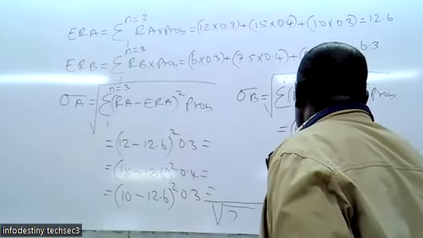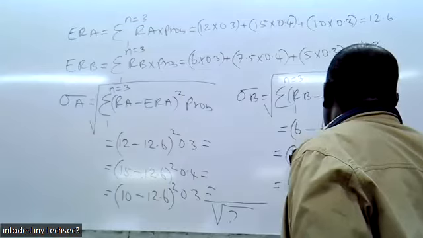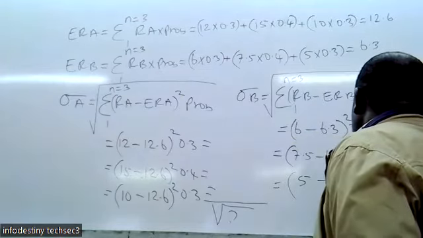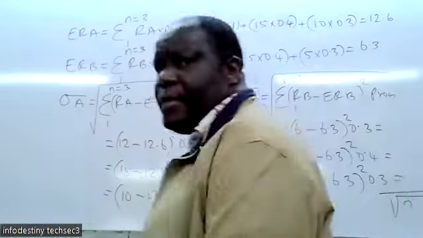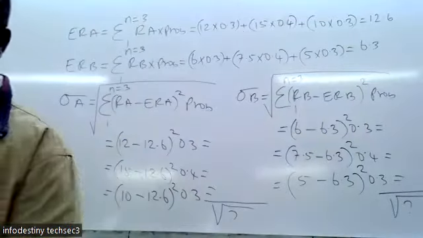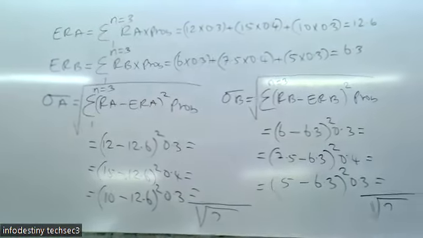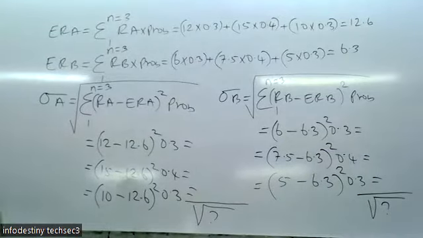Also minus 6.3, square, 0.3. So for the total, we also get the square root so that we come up with the standard deviation for each.